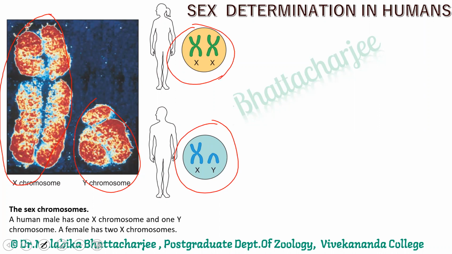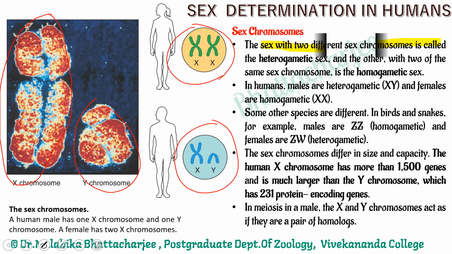The female has both X chromosomes, that is the homogametic sex. In humans, males are heterogametic, that is they have XY, and females are homogametic, that is they have XX.